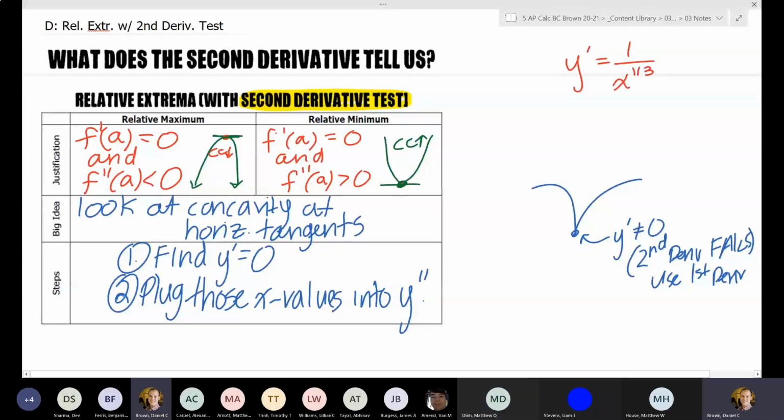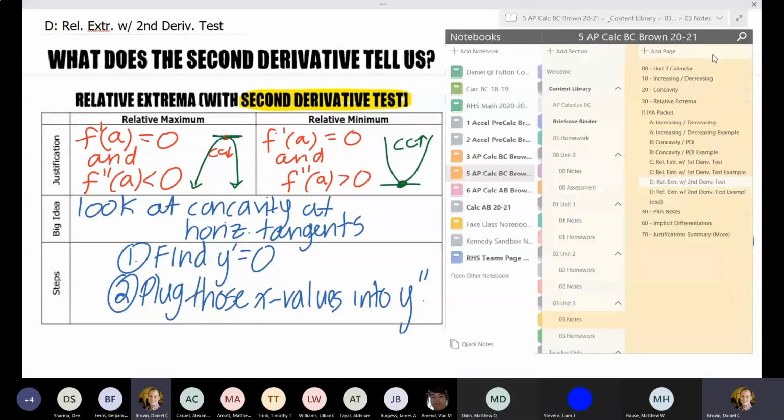This derivative is going to come from a graph that has a cusp or a corner. And so that would be a case where y prime can never be equal to 0. And so that would be a problem you would be forced to use the first derivative test on. Okay. Does that help? Yeah.